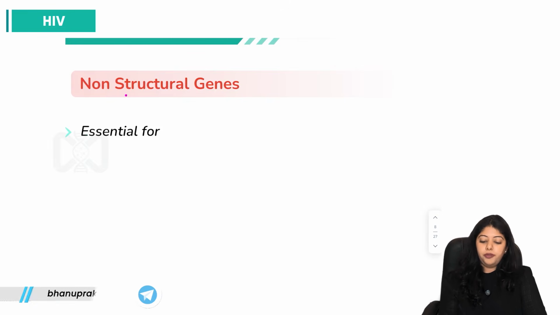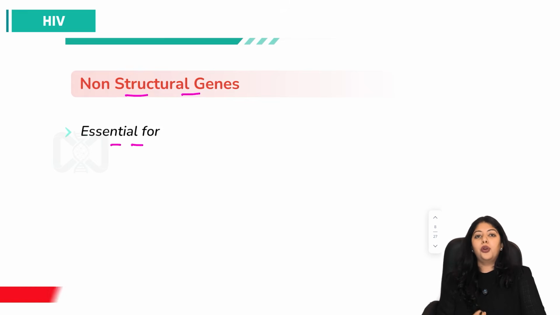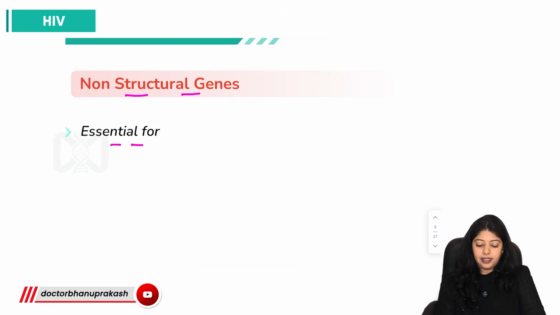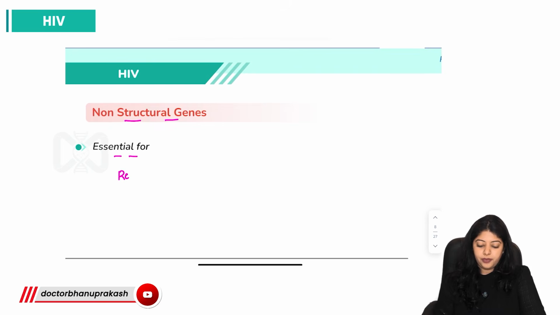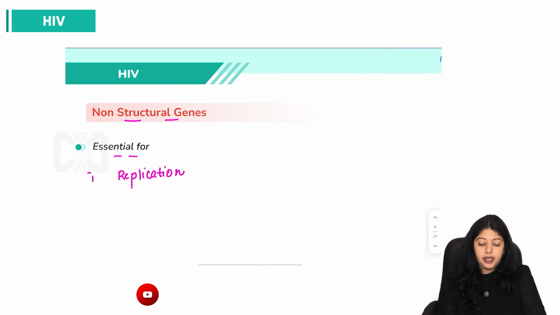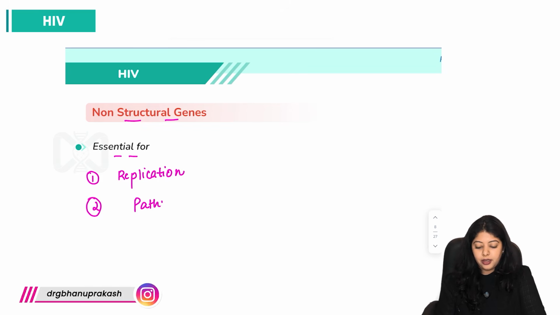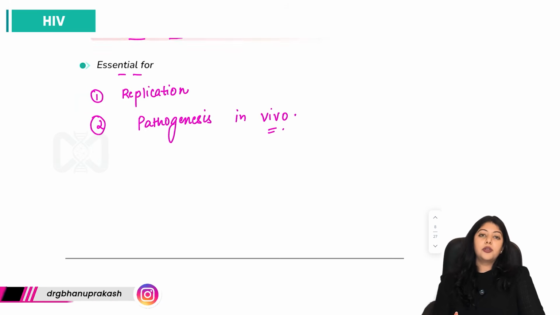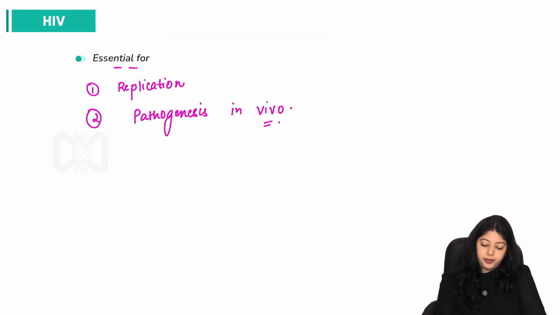Now, what is the role of non-structural genes? Firstly, the major role lies in replication. The second role is in pathogenesis in vivo. These non-structural genes are present in two categories.